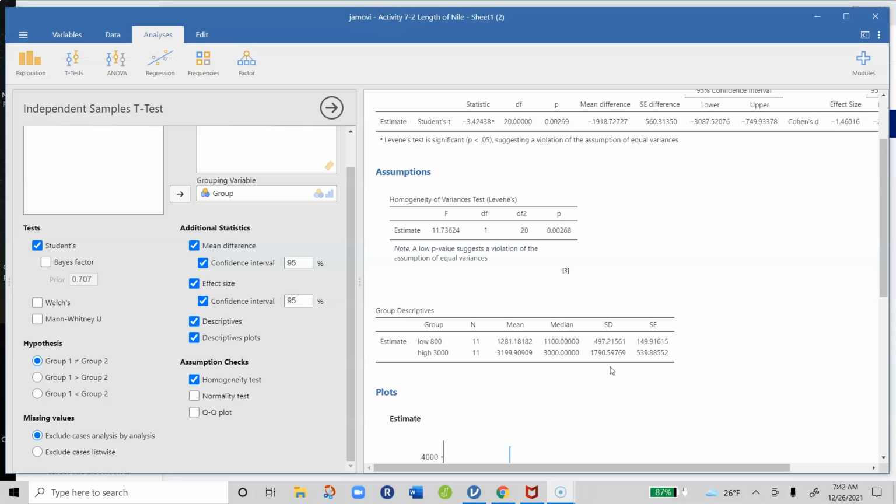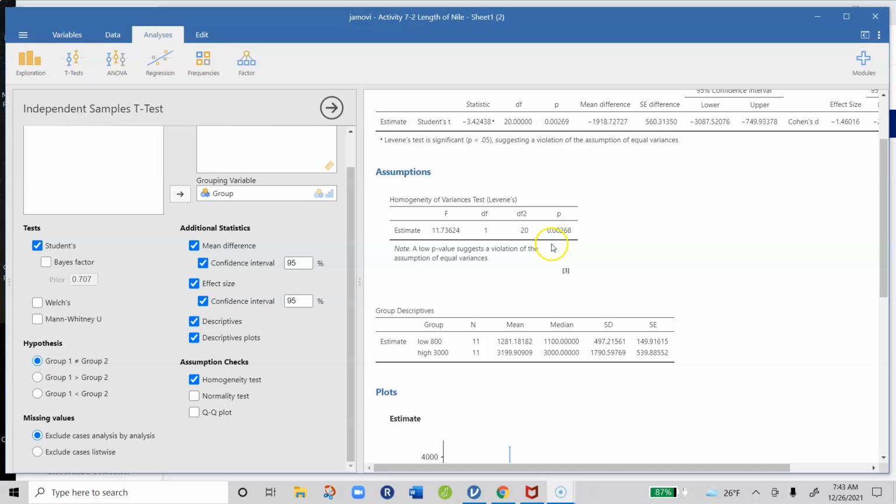That really only makes sense if they're actually estimating that same population value. So as a general ballpark, if one of those standard deviations is much larger than the other, then you start to be concerned that you have a possible violation of that assumption. And by much larger, we usually say like 3 times as large. In this case, one group does have a much larger standard deviation than the other group.